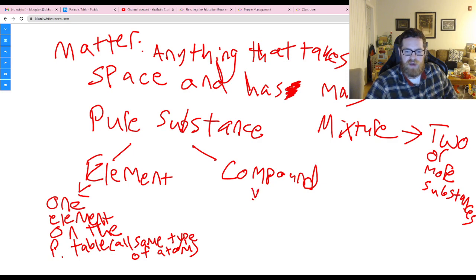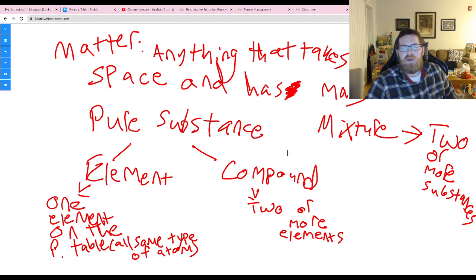Whereas a compound is two or more elements. So I think you can see here, in the breakdown of matter, first we have a pure substance, which is one substance, or a mixture, two or more substances. Then we have an element, which is one element, and a compound, two or more elements. So you can kind of see how it breaks down as we go further.